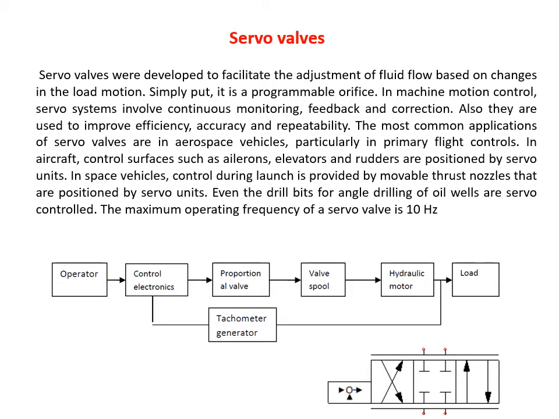The most common application of servo valves is in aerospace vehicles like aeroplanes, particularly in primary flight controls, where servo controls are used in the aircraft, then elevators and rudders of the aeroplane. These are controlled using servo units.